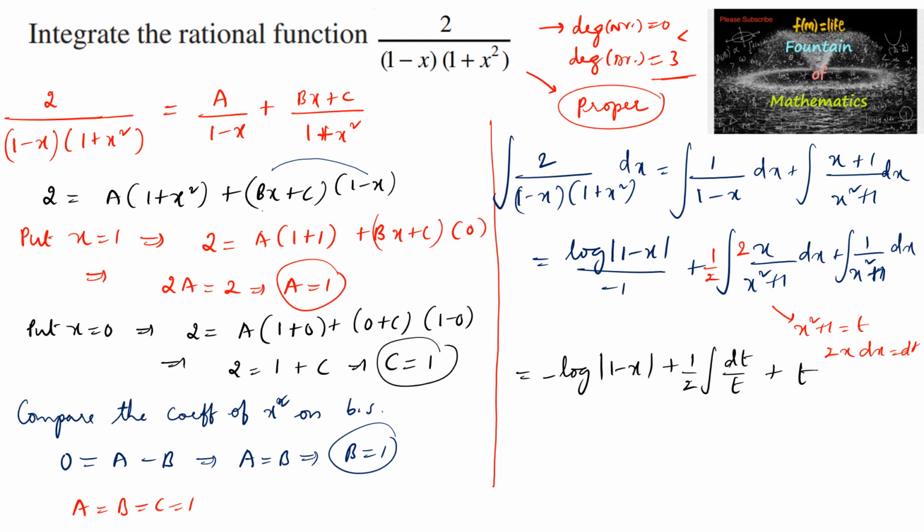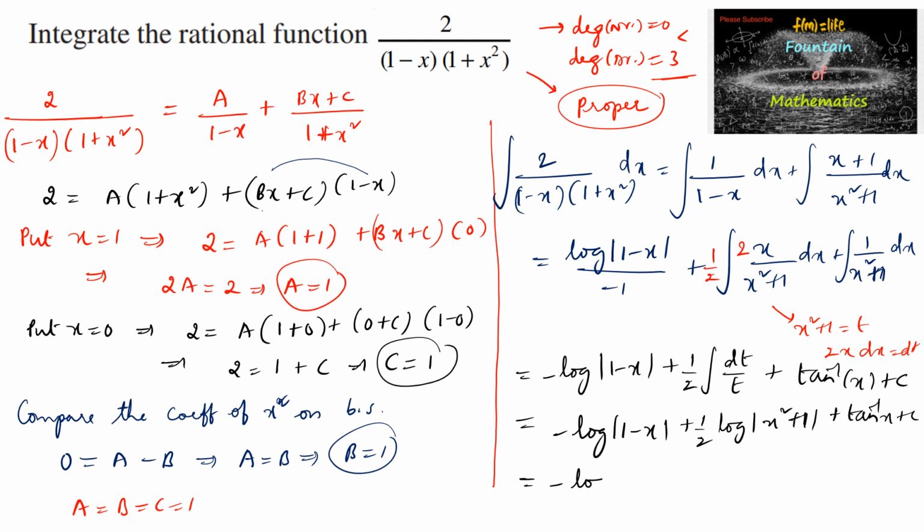So we can write tan inverse of x plus integral constant c, or this can also be written minus log mod of 1 minus x plus 1 by 2 log mod of t, which is nothing but x square plus 1, plus tan inverse x plus c. And here since mod of 1 minus x, we can also write minus log of x minus 1 can also be taken, plus 1 by 2 log mod of 1 plus x square plus tan inverse x plus c will be the answer.